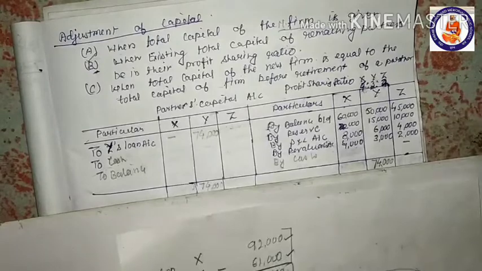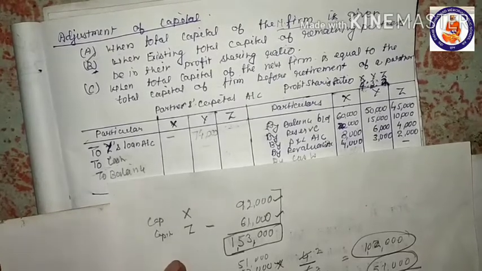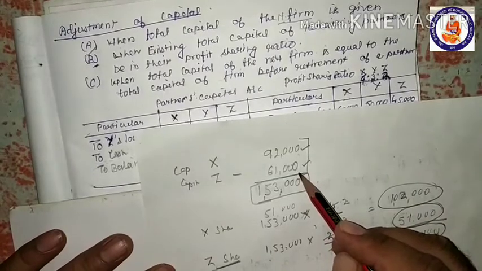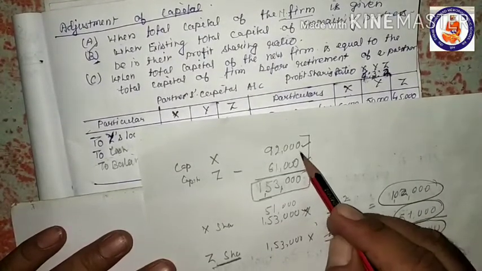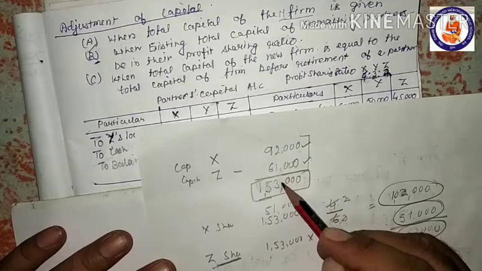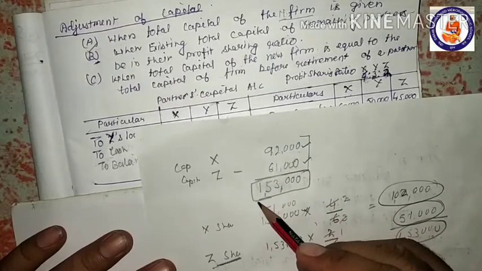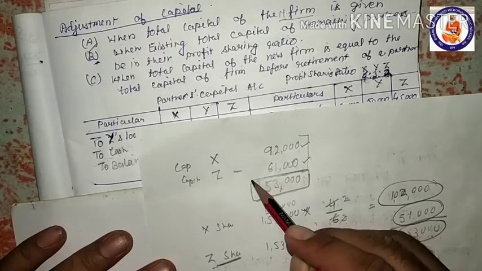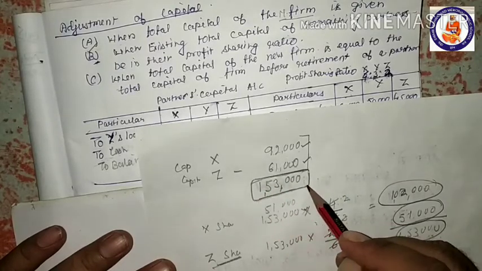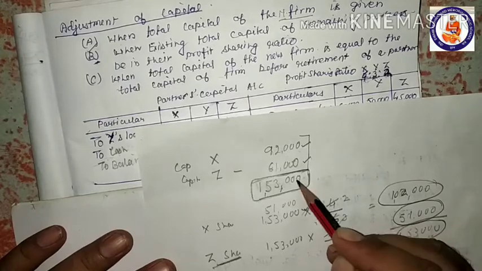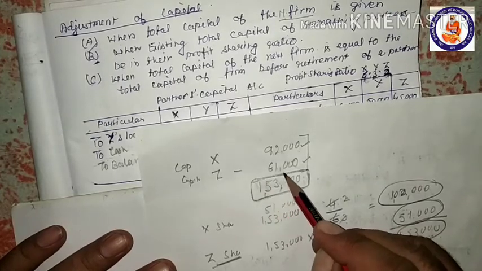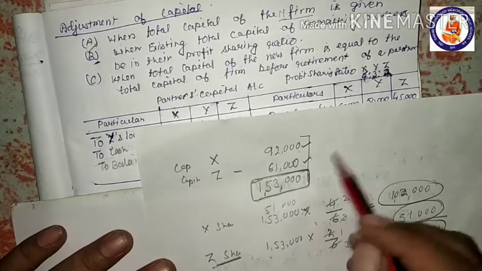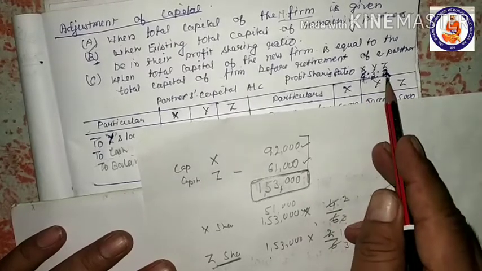Now we total up the capital of both partners. 1,53,000 is the total capital of the remaining partners. Now we will divide this 1,53,000 as per their profit sharing ratio.